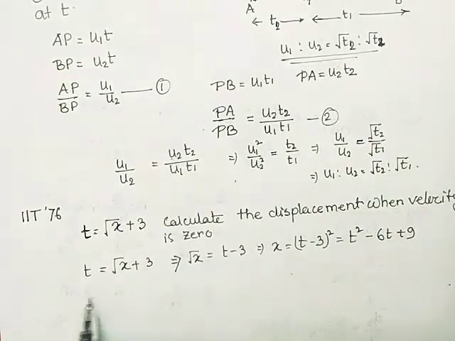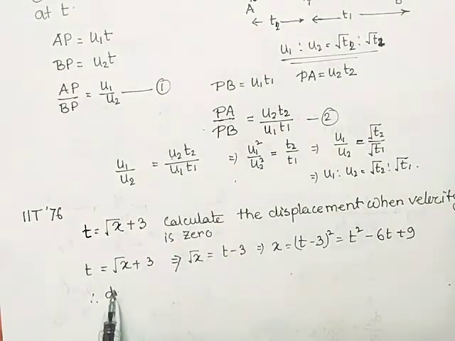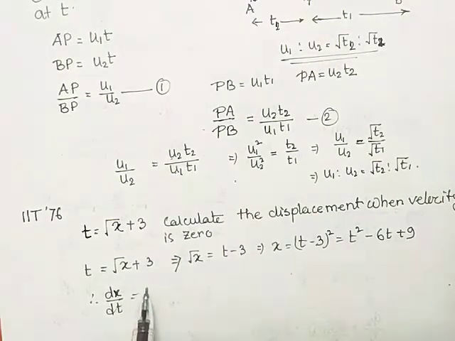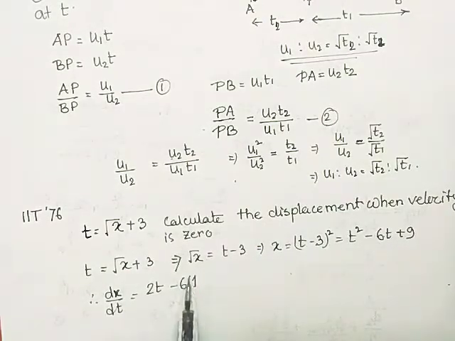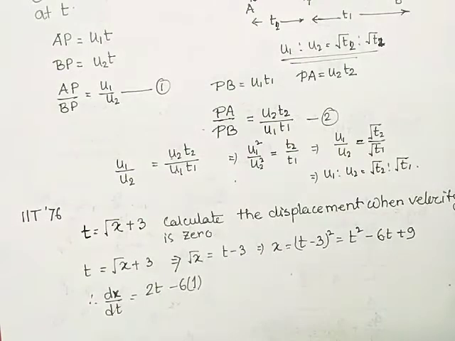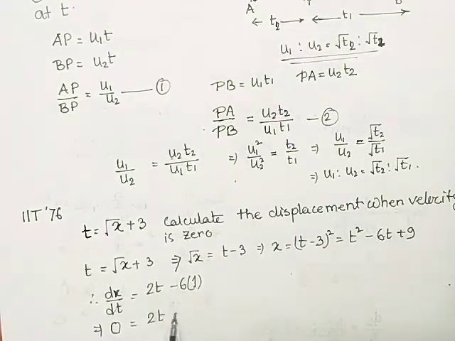So dx/dt, that is the velocity: t square after differentiation becomes 2t, 6t becomes 6, and 9 is a constant so it becomes 0. So when the velocity is 0, that is dx/dt is 0, then 2t minus 6 should be 0, and from it t equals 3 seconds.